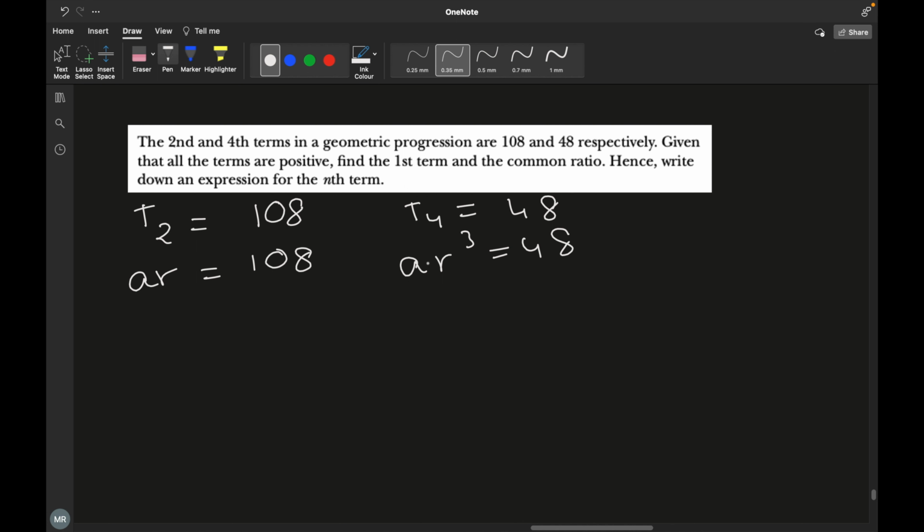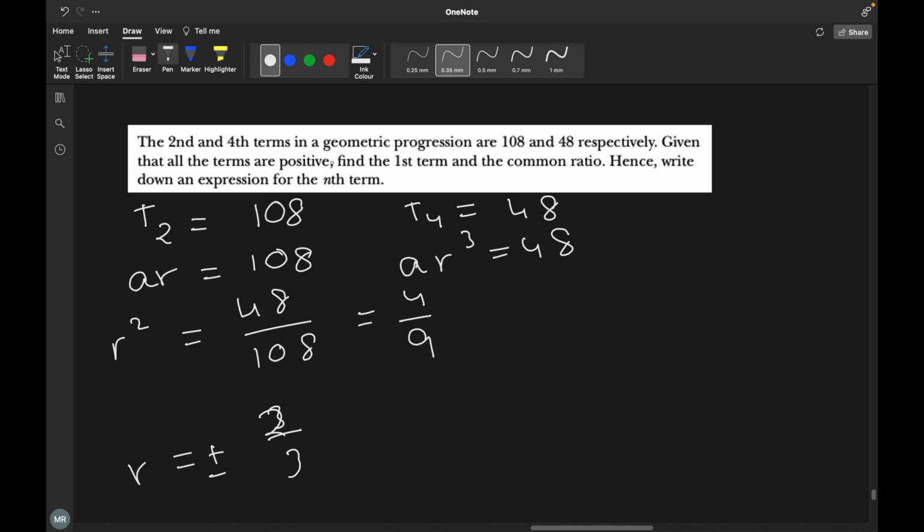If this is equation 1 and this is equation number 2, if we divide equation 2 by equation 1, we get r squared is 48 divided by 108. We get 4 by 9. And therefore, r is plus or minus 2 by 3.